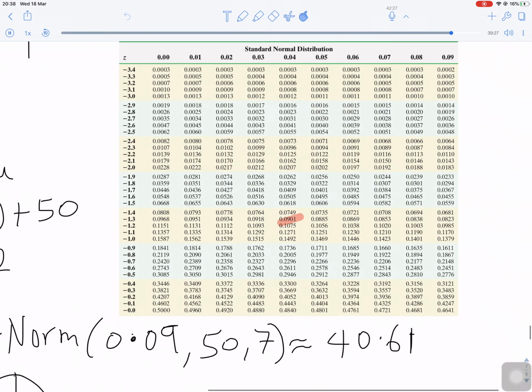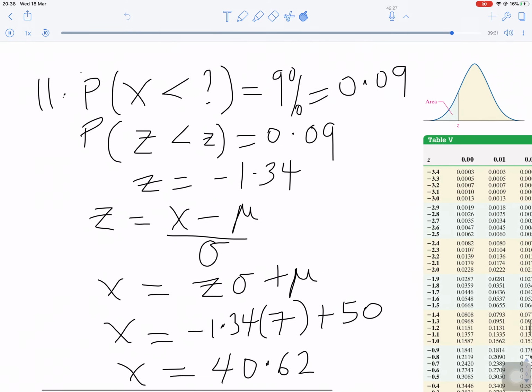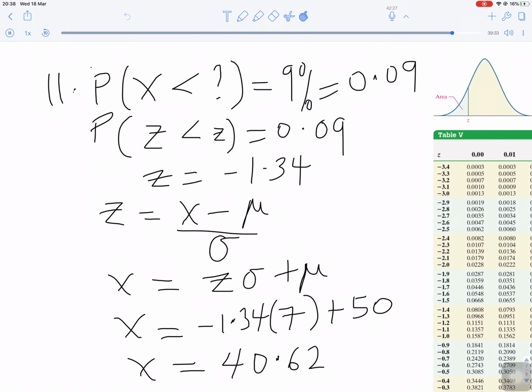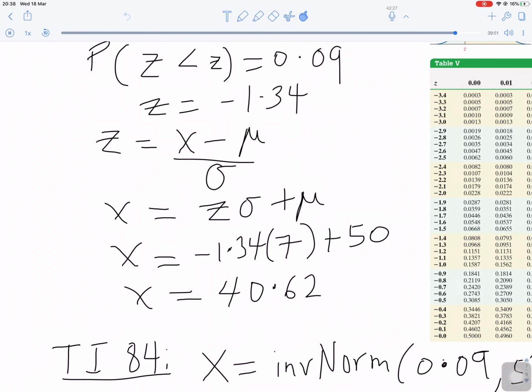But then remember the formula z equals x minus mu over sigma. We can rewrite that formula where we make x the subject. Then x equals z times sigma plus mu. So there's some little algebra there. For everything in the equation on the right, we have information on all of them so far.